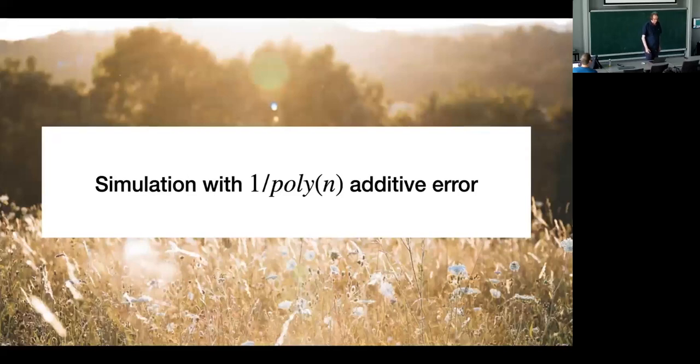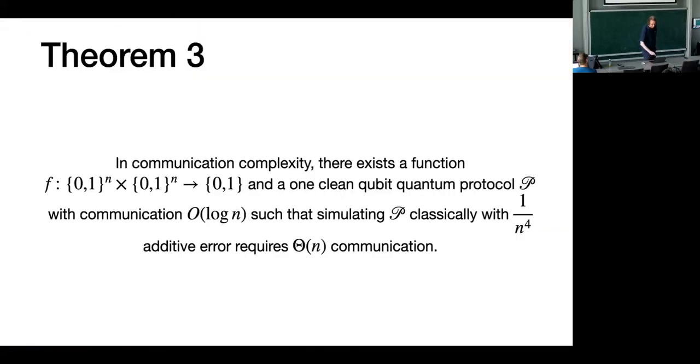Okay, so the thing we can do and fully prove is simulation with 1 over poly and additive error. The statement of this theorem is there is a function {0,1}^n x {0,1}^n, and there's a one clean qubit protocol with communication log n, and its acceptance probability is not going to be close to 1 or larger than half.